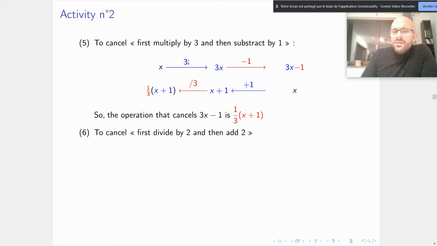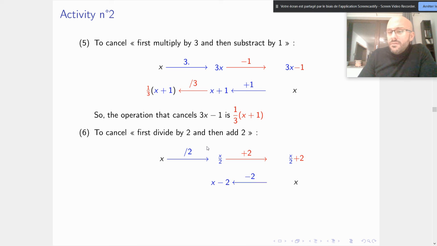What about first dividing by 2 and then adding 2 to that result? We take a real number x, we divide it by 2, it gives us x over 2, and adding 2, it gives us x over 2 plus 2. So let's go backwards. What cancels plus 2?